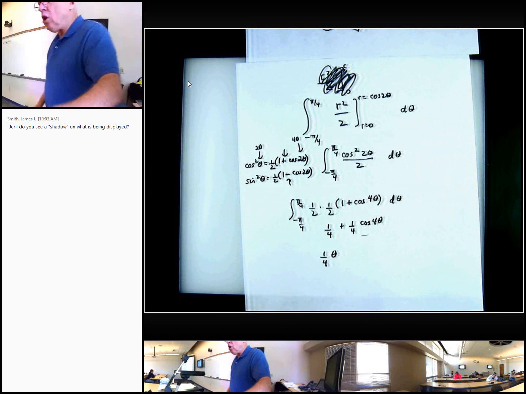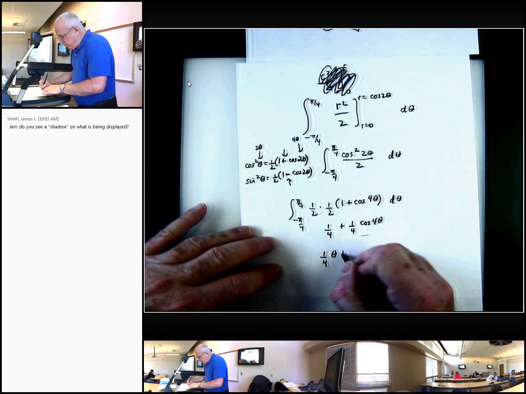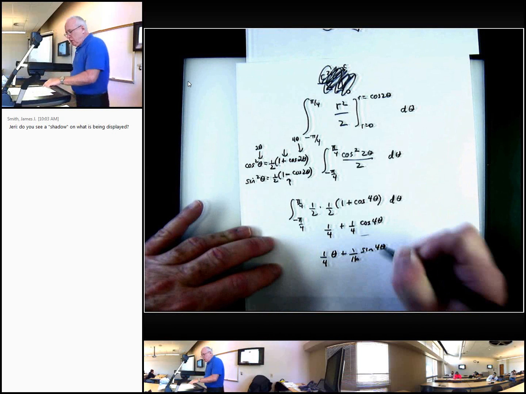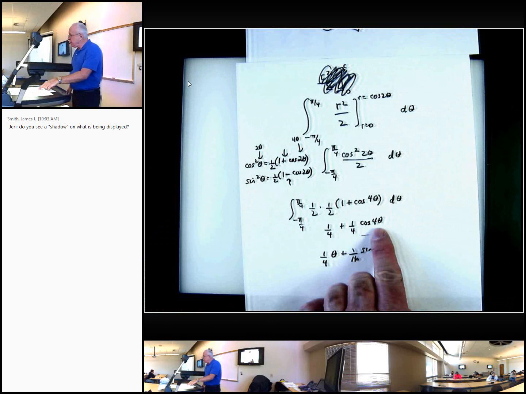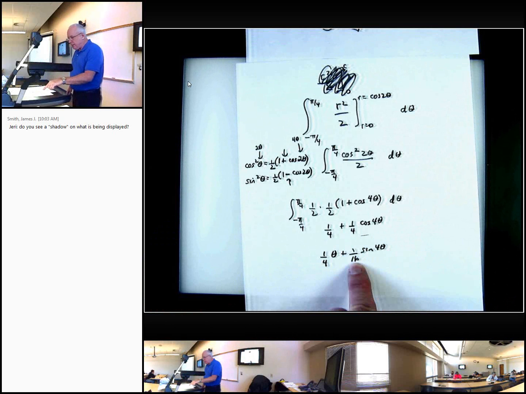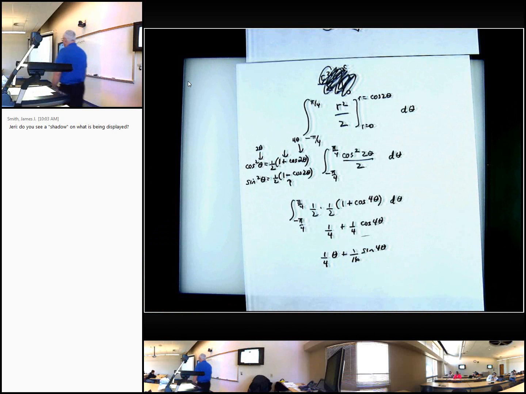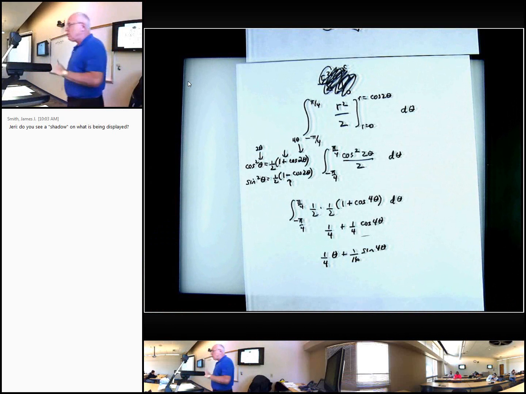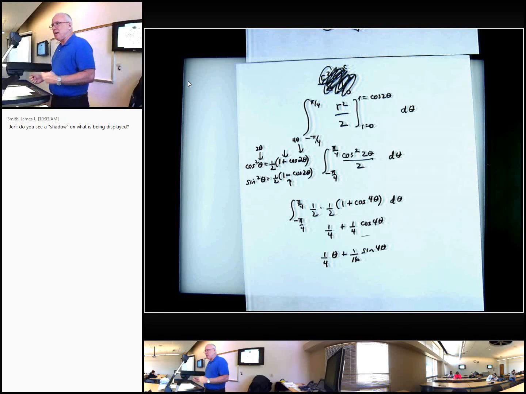Exactly. 1/16 sine of 4 theta. Doing that antiderivative, we have a 4 here. We're going to divide by that. That gives us the 1/16. And of course, the antiderivative of the cosine is the sine. Short and sweet, you do that. It's so much easier when you can do that rather than having to fool around with a formal u substitution.